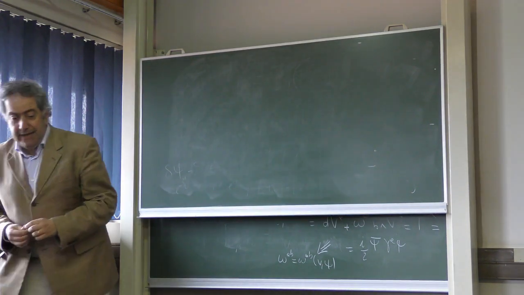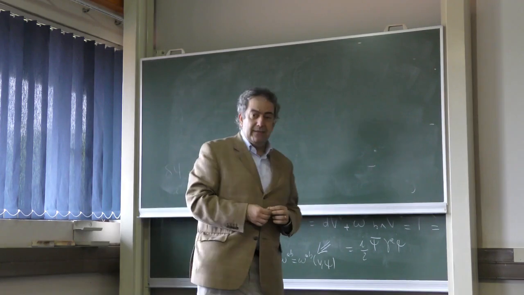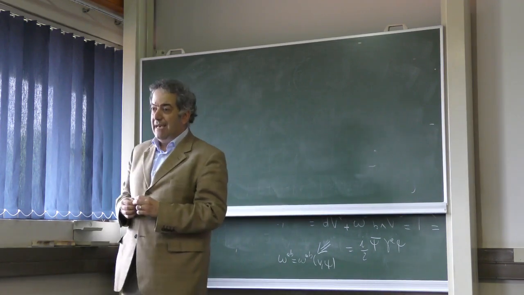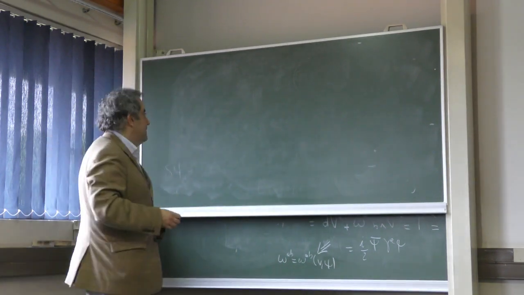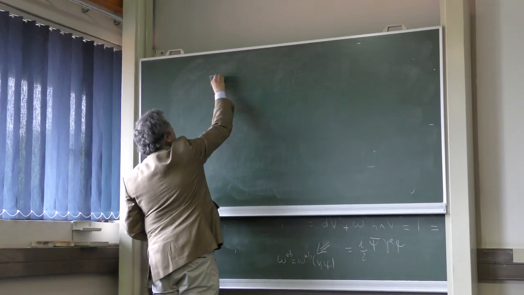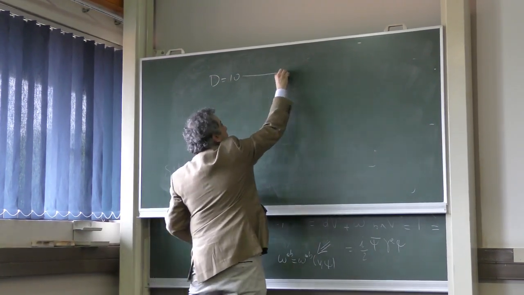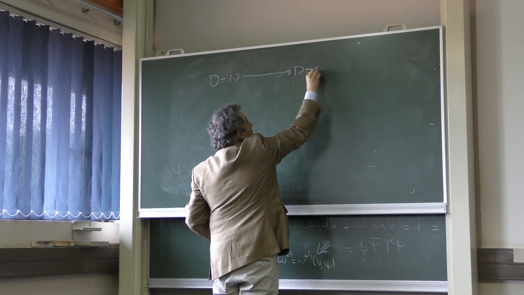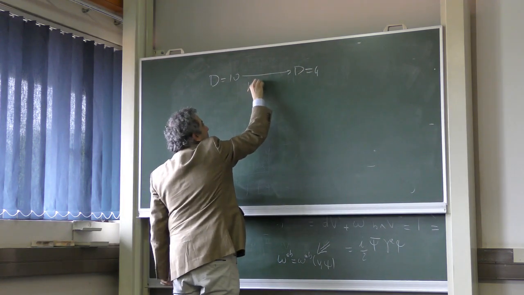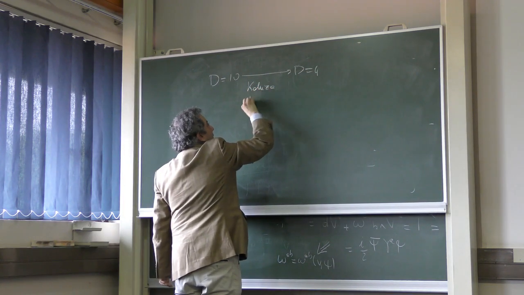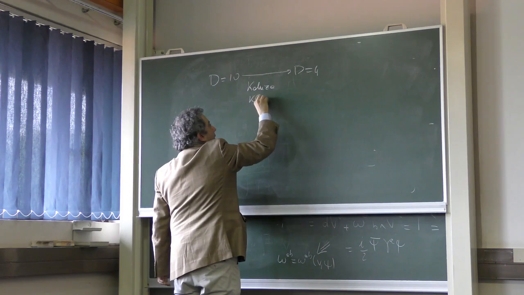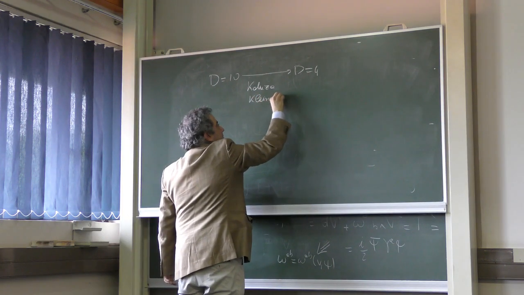And this is done by a celebrated mechanism called Kaluza-Klein compactification. So to go from d equal 10 to d equal 4, we use the Kaluza-Klein mechanism.